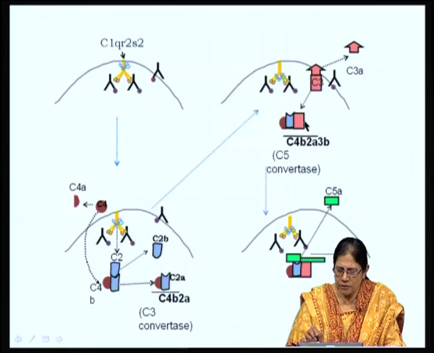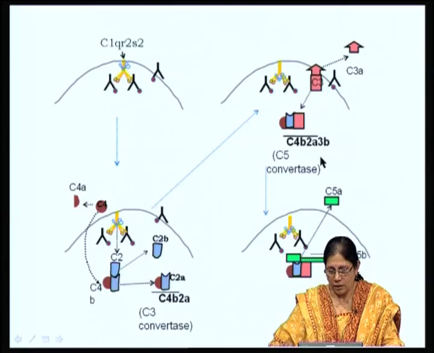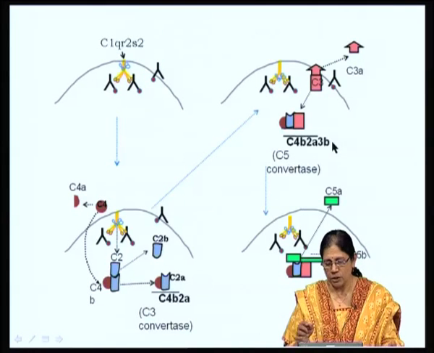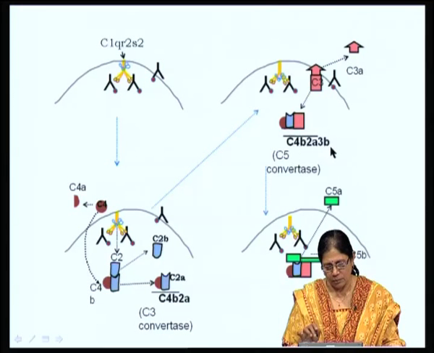This binding of C3b to this C3 convertase now changes the specificity from being a C3 convertase to a C5 convertase. So, C4b2a3b, well actually it is C4b C2a C3b, but since C is common, it is written as C4b one component, 2a another component and 3b.